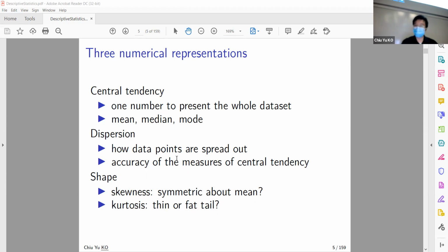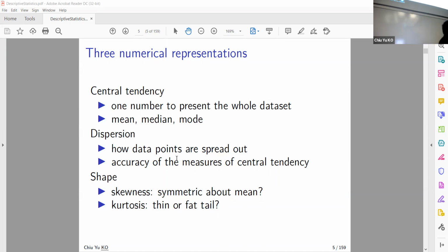One is called central tendency, where we try to use a single number to represent the whole data set, which we have learned is mean, median, and mode. The second one is dispersion, which is a number again to tell us whether the central tendency makes sense, because 2 different data sets can have the same central tendency measure, mean, median, mode, but the accuracy of these measures varies.